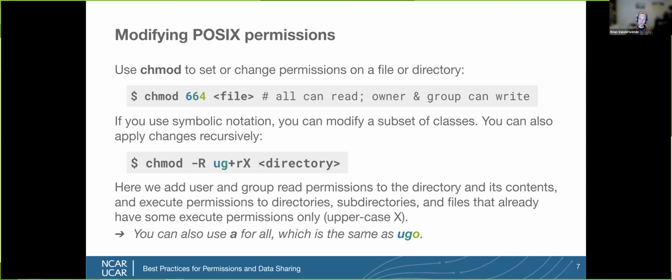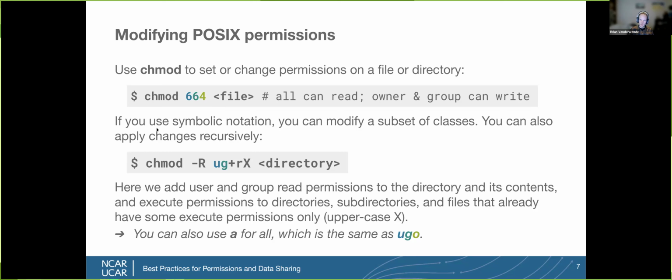So the owner and the group can also write the file, but others cannot. Now that's of course going to depend on what group is assigned to that file, and we'll talk about changing groups. But that's setting that permission. So it's really just kind of clobbering the existing permissions that were on that file.